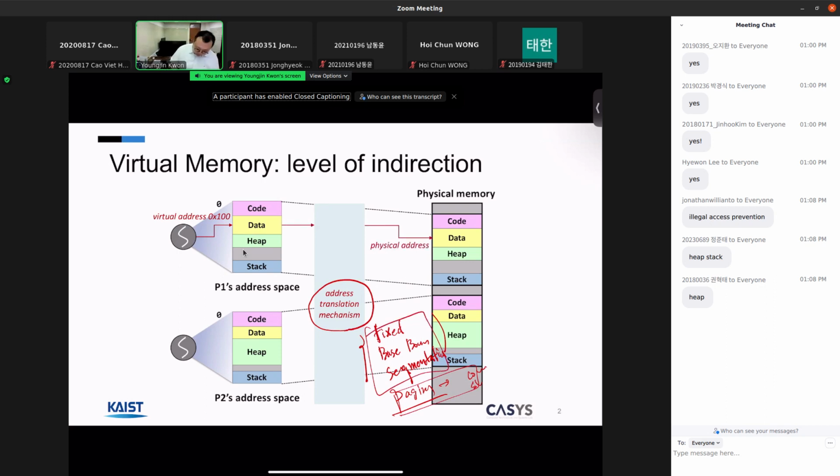So this address space and this address space are translated. We learn this important design called level of indirection: one domain of address space is translated into another domain using some function. We learn how to implement that function in a computer system.